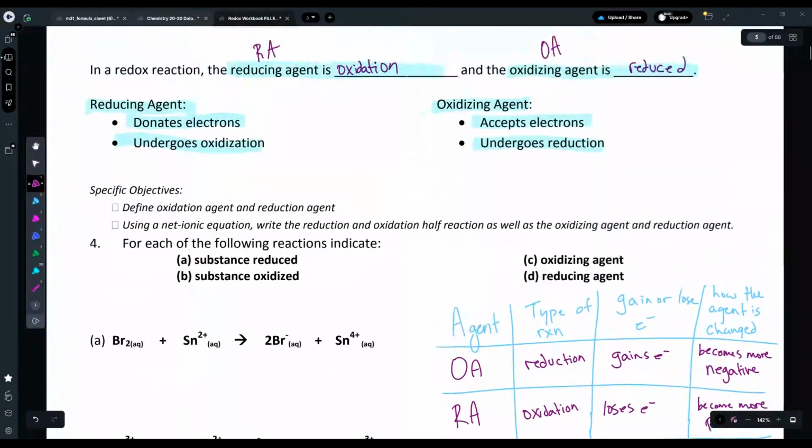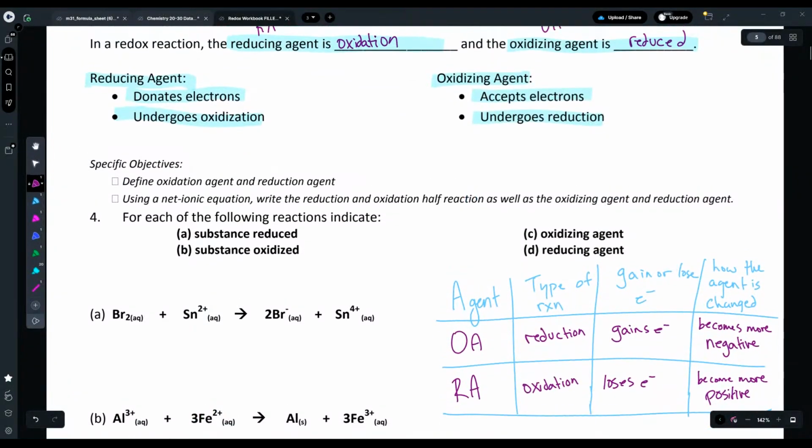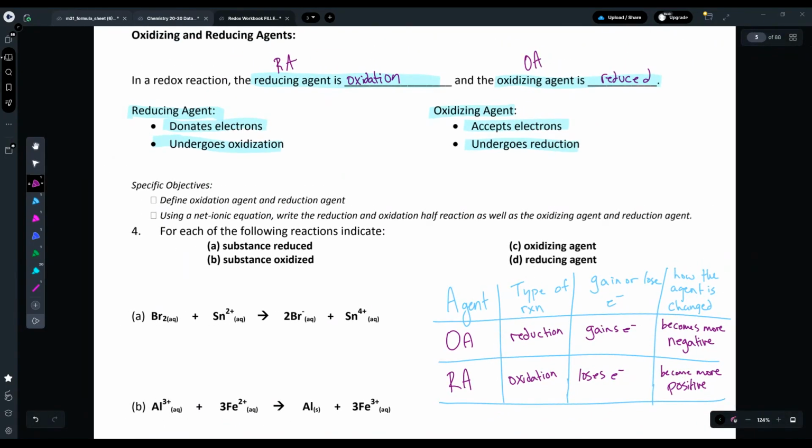Same with oxidizing and reducing agents. Reducing agents help something else to get reduced while it itself undergoes oxidation. Oxidizing agents help something else to be oxidized while it itself gets reduced. I'm repeating this quite a lot because it is easily confused by students.